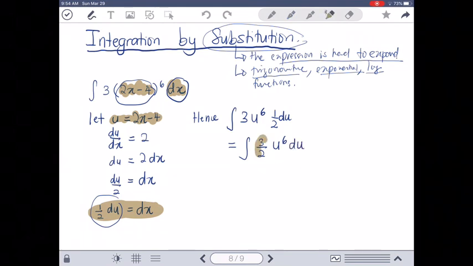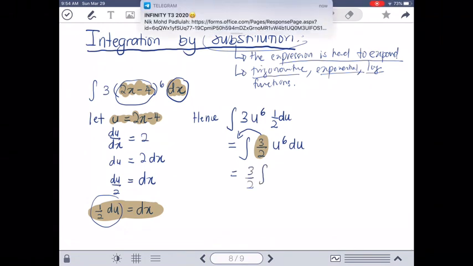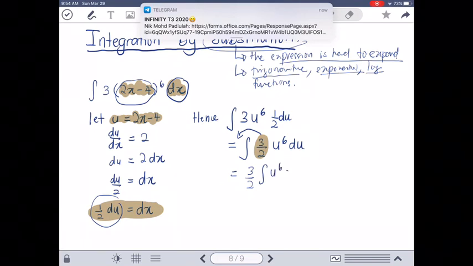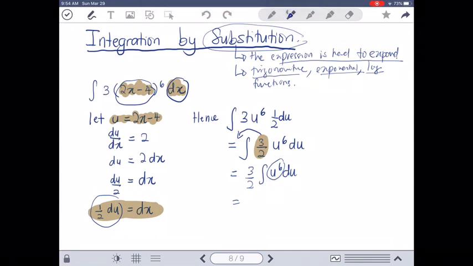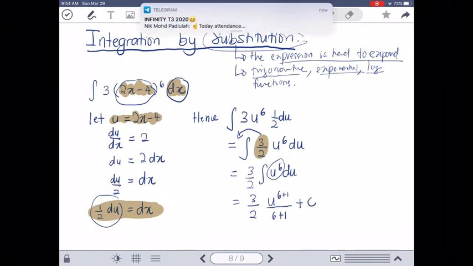Properties of integration, you can bring constant out. So which means that it becomes 3 over 2 times integration of u to the power of 6 du. Now we have u to the power of 6. We integrate like usual. u to the power of 6 plus 1 over 6 plus 1 plus c.